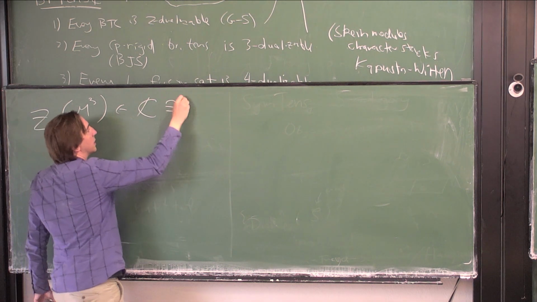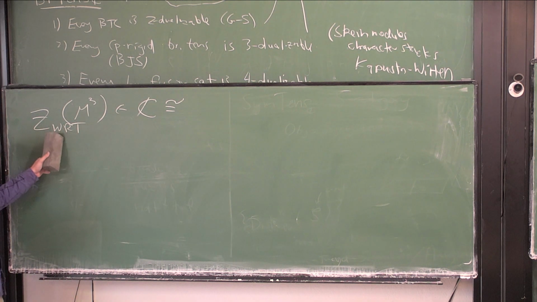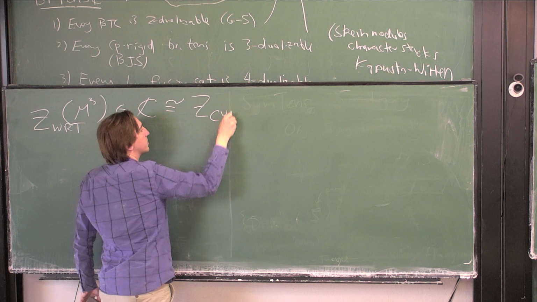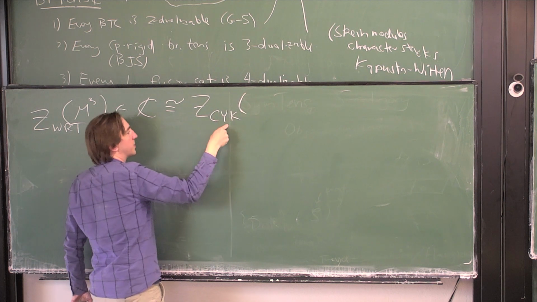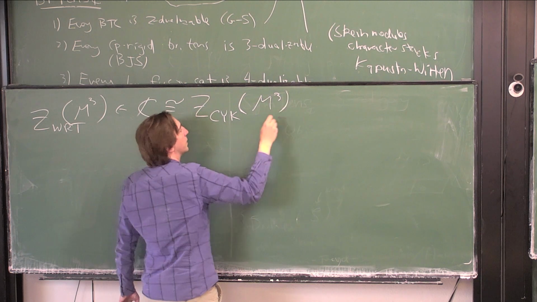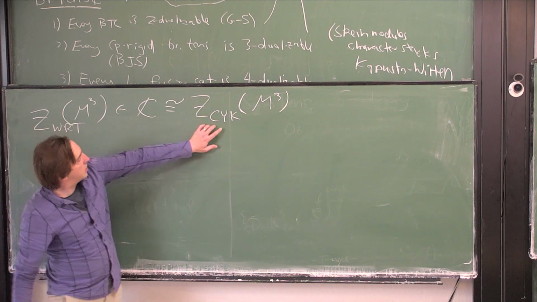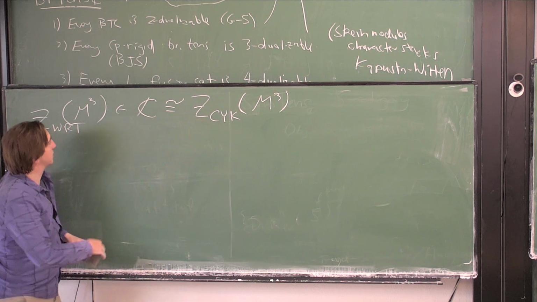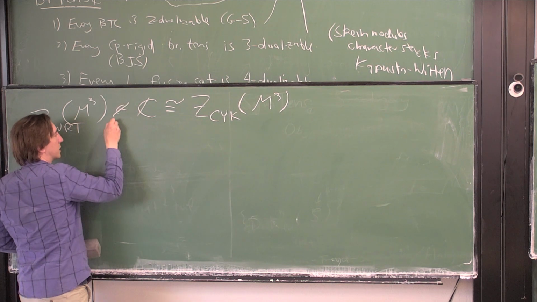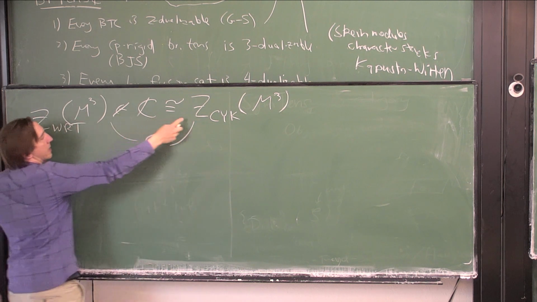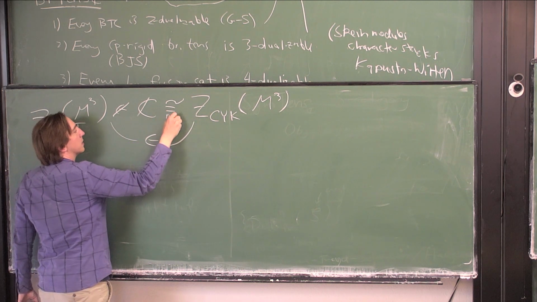Instead, it's an element of a vector space, the vector space of states in the Crane-Yetter theory attached to that same 3 manifold. The fact that Crane-Yetter is invertible means that this thing is, so it's not there, it's rather there, and this isomorphism is non-canonical.